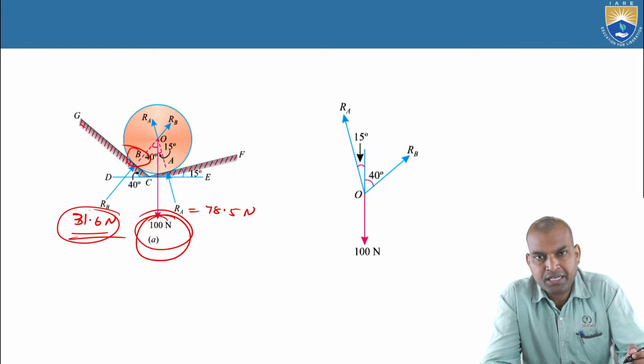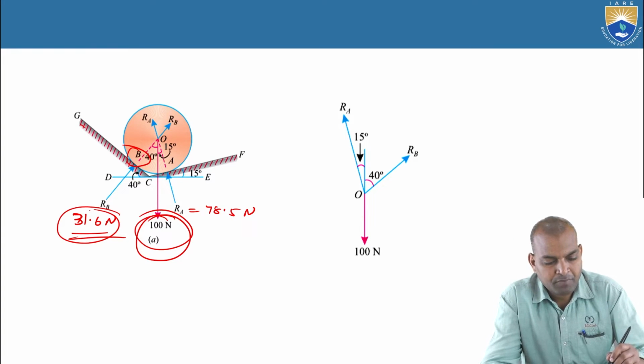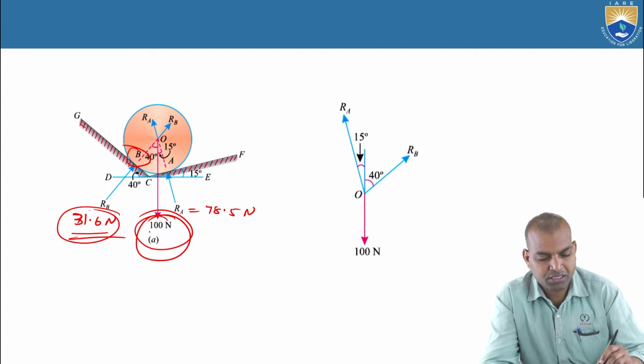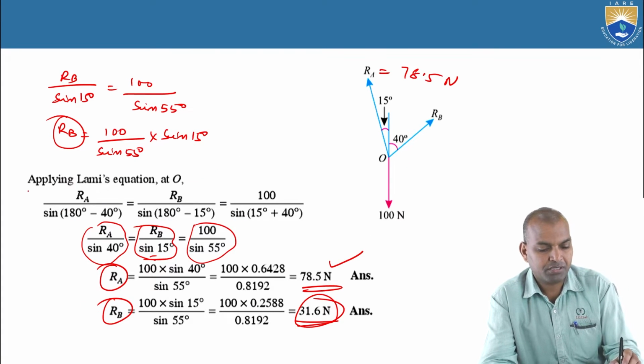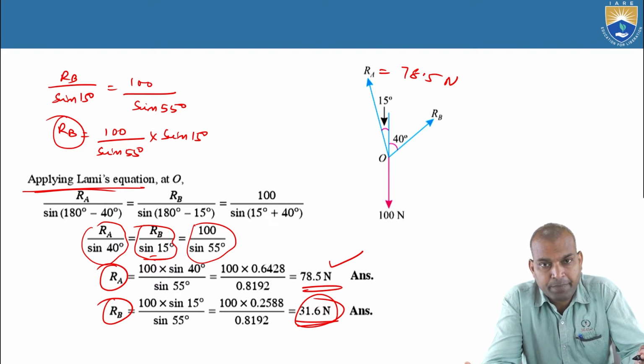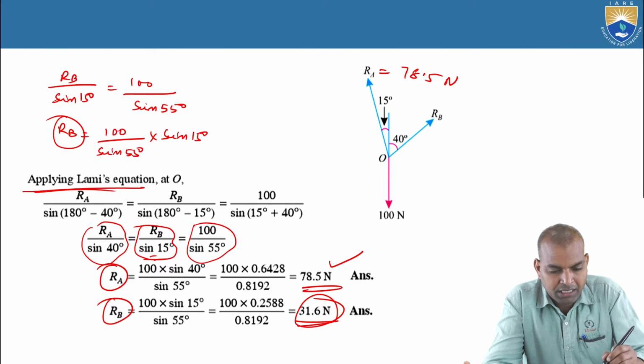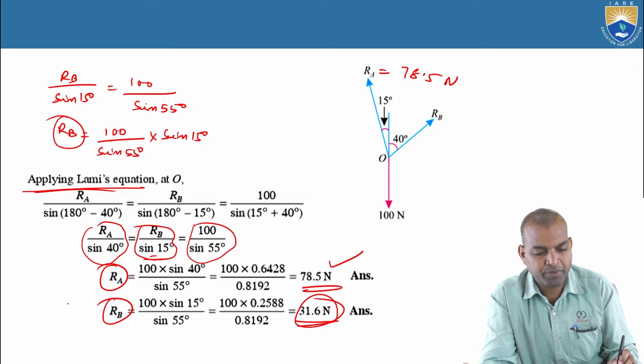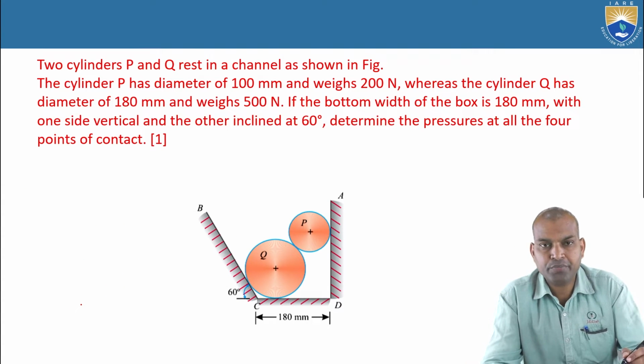Thus, we can calculate, by using Lami's theorem, the reaction forces at the contact surfaces. We applied Lami's theorem. Lami's theorem is only applicable whenever there are three forces acting, that is, a system of three coplanar concurrent forces.